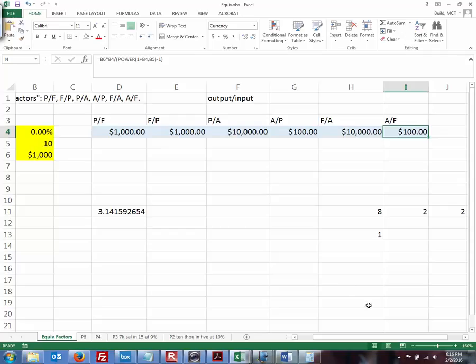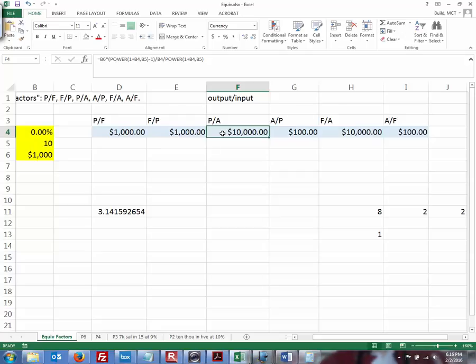What this says is that if there's a zero interest rate, $1,000 now equals $1,000 in the future, same difference. This is the weird one: $1,000 a year for 10 years is the same as $10,000 now.